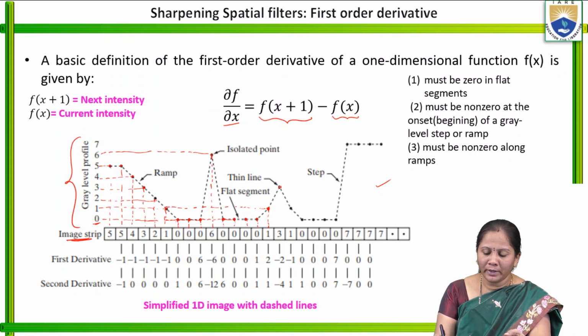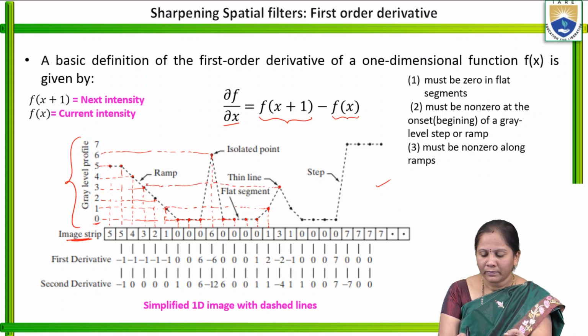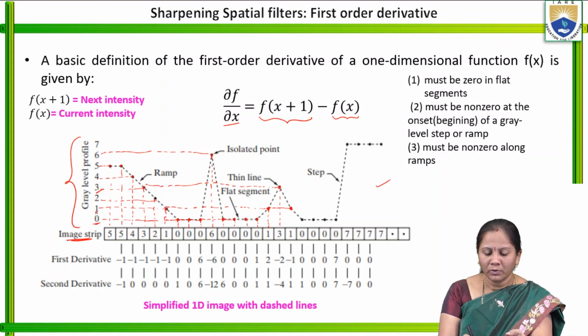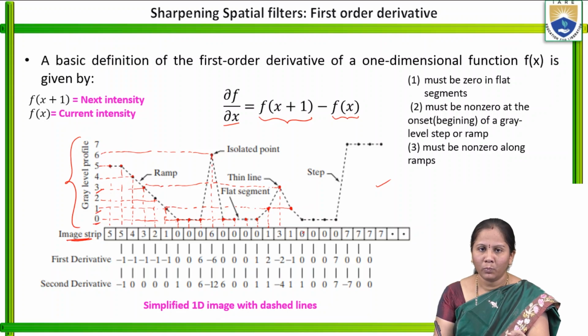So at the next point here, if we extend this, it is having the intensity value 3. That's why here on the strip it is represented as 3. And the next point is here, if we extend this, it is equal to the intensity level 1.